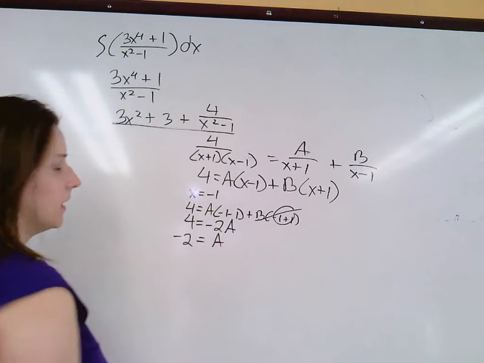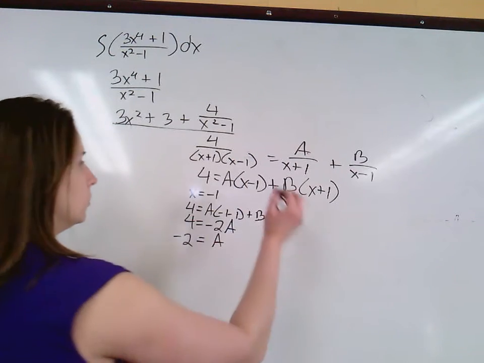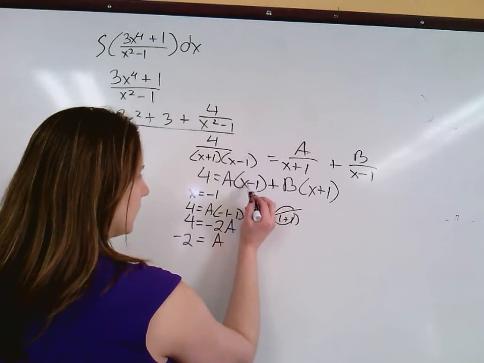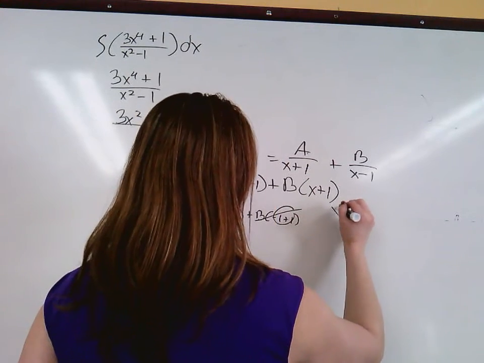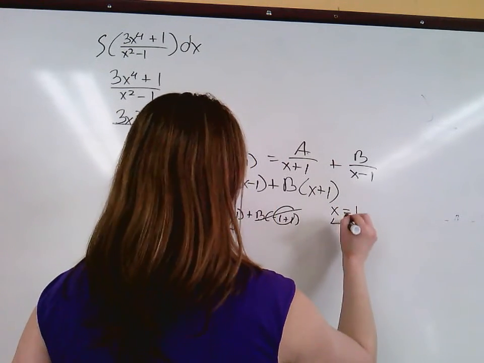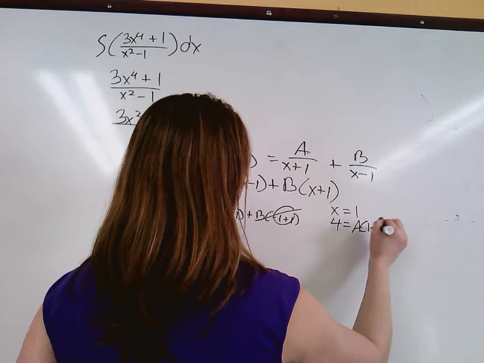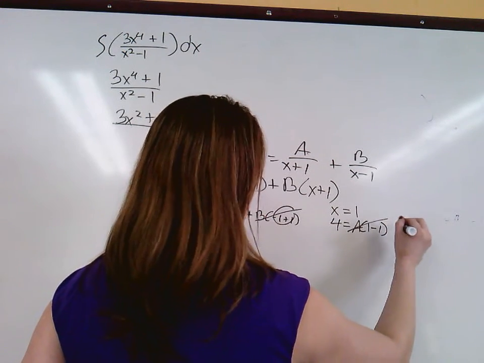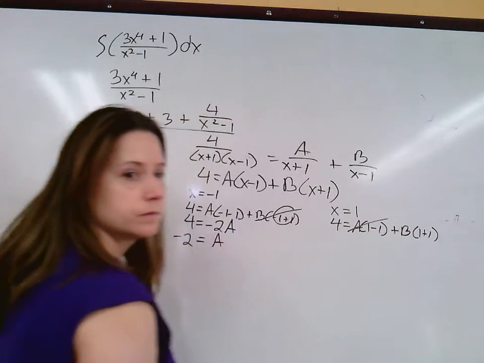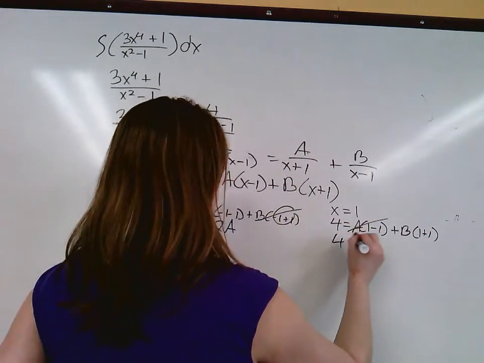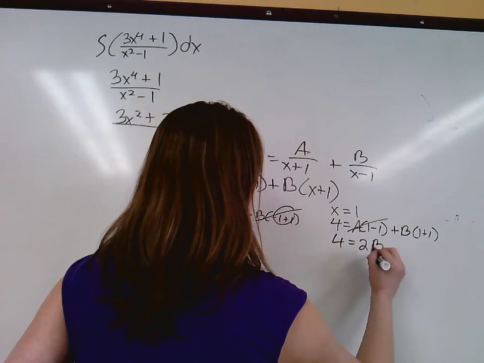To find B, you want A to cancel out. So I'm going to make x equal to +1. So that's going to be 4 equals A times 1 minus 1, which is 0, plus B times 1 plus 1. 4 equals 2B, so B equals 2.